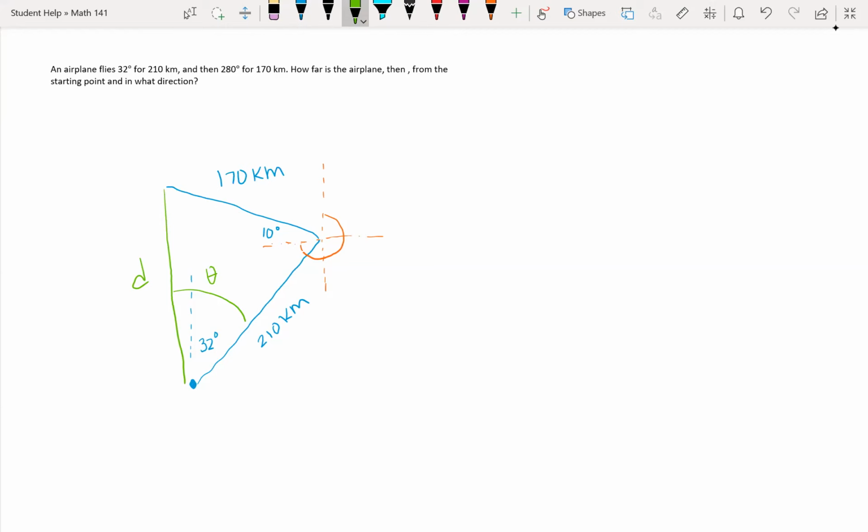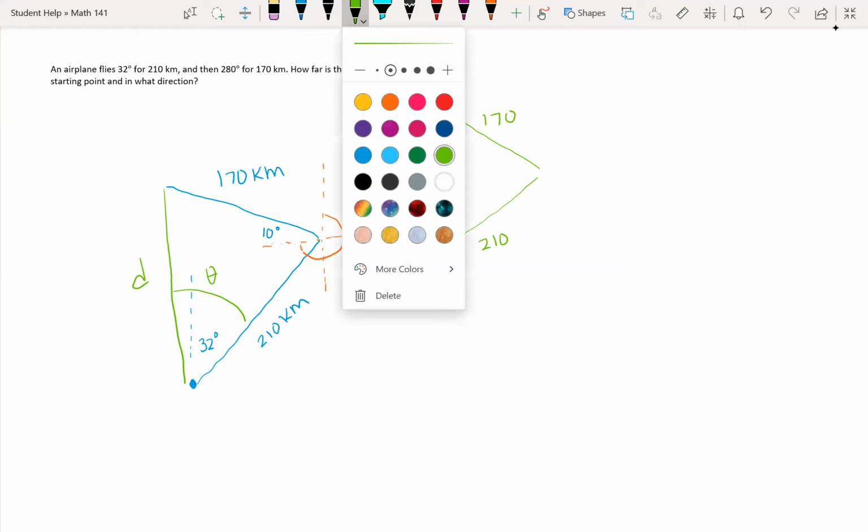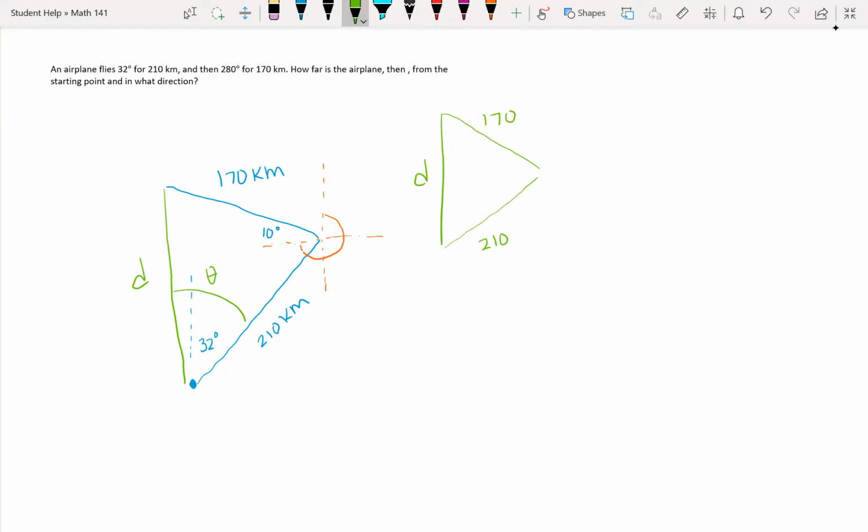So kind of redrawing this triangle over here, I've got this is 210. This is 170. I'm trying to find this distance. And I know that this angle here, that's what I want to figure out.